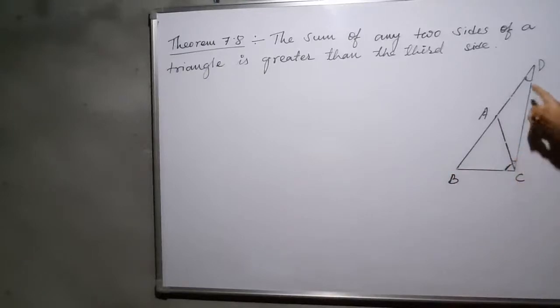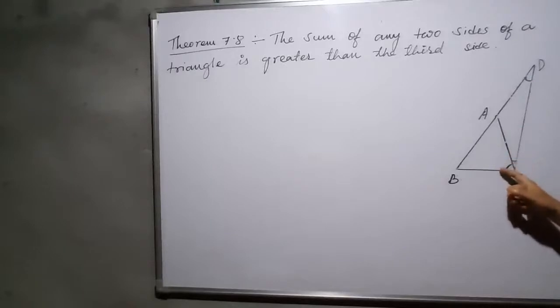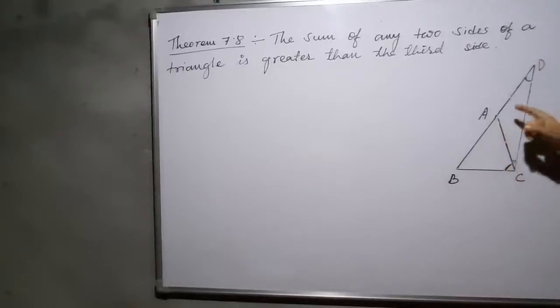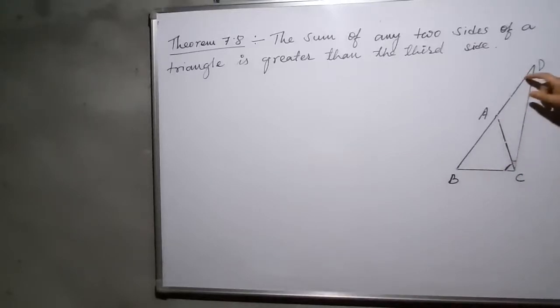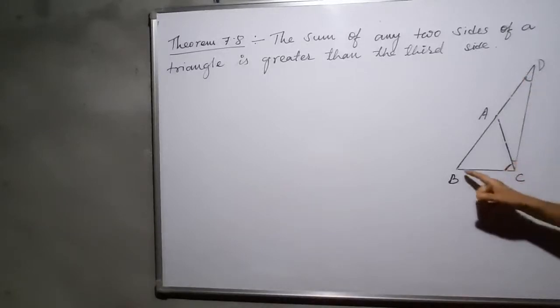Okay, now if these two are equal, then if I add ACB here, ACD plus ACB will be greater than angle ADC. That means the sum of these two angles is BCD.